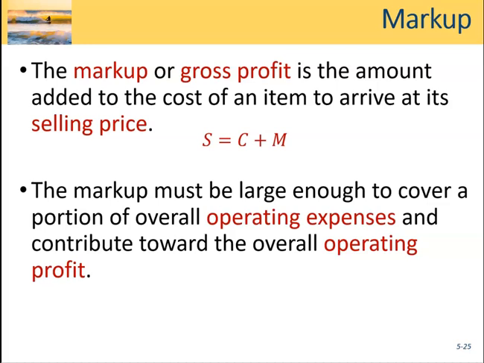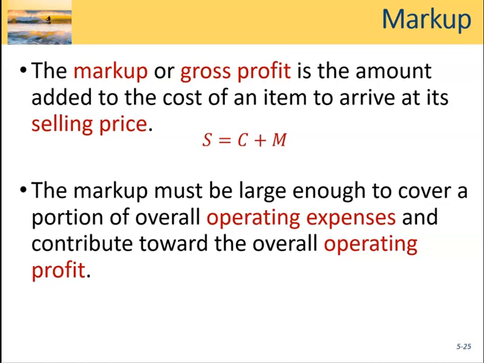Okay? So where we were looking at net price, we know that's how much it cost us to buy it. So now looking at markup, we know C is the cost, and we need to mark it up for our selling price to the next level up, whether it's the distributor, the wholesaler, or ultimately the customer.